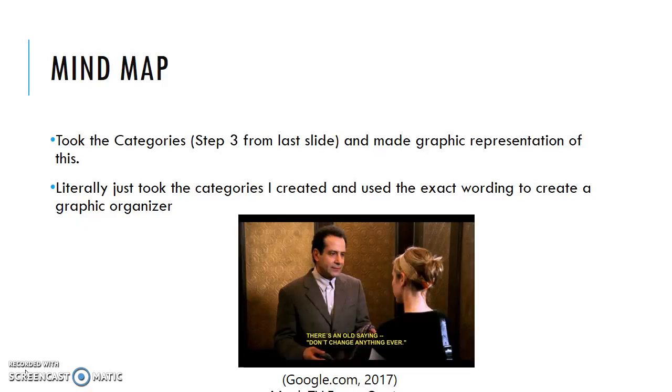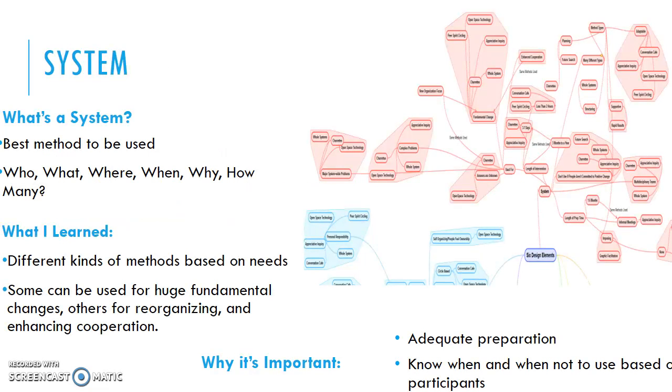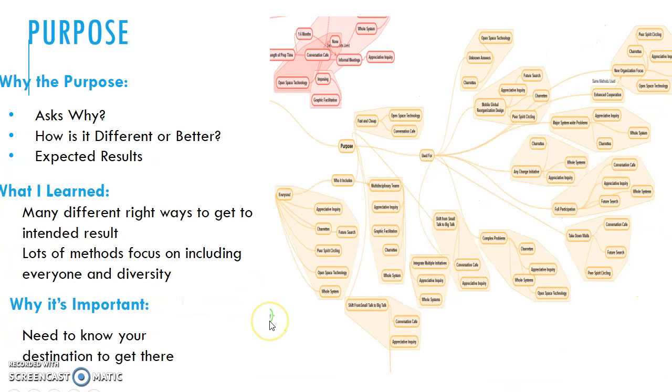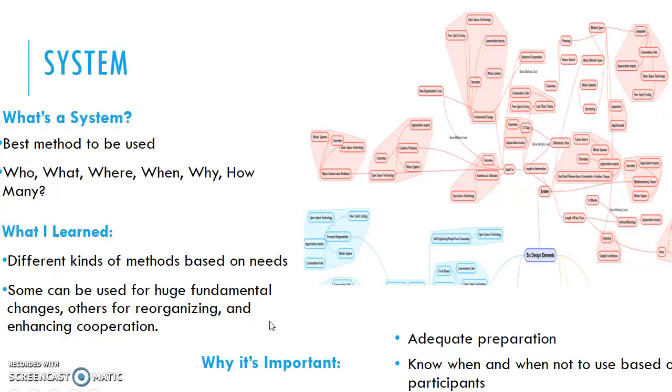My mind map: I took all those categories and made a graphic representation of this. I literally took word for word what I had on my affinity diagram and put it into a mind map. When I first started my mind map, I did it on paper, and that was fine and really good for the first part.